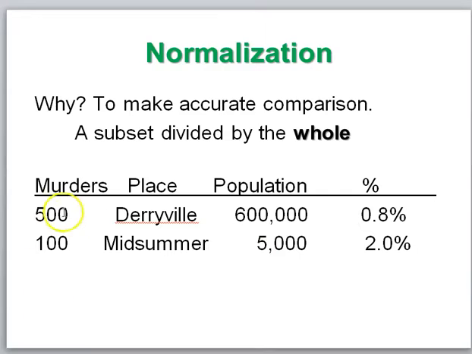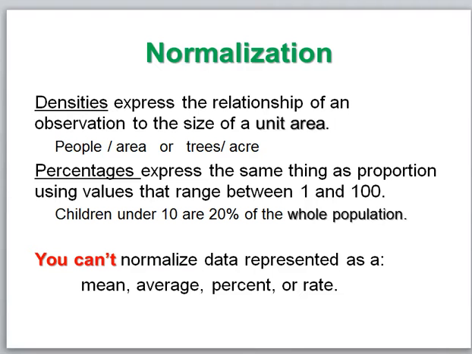So I'm looking at this and I'm thinking, wow, I never want to live in Derryville because there were 500 murders. But when I look at this data normalized, it's 2% of the population that is murdered in Midsummer and only 0.8% of the population is murdered in Derryville. So looking at normalization can really help make better comparisons.